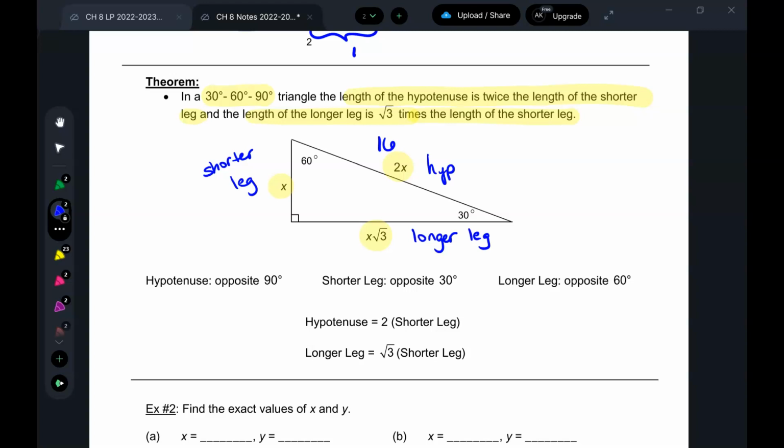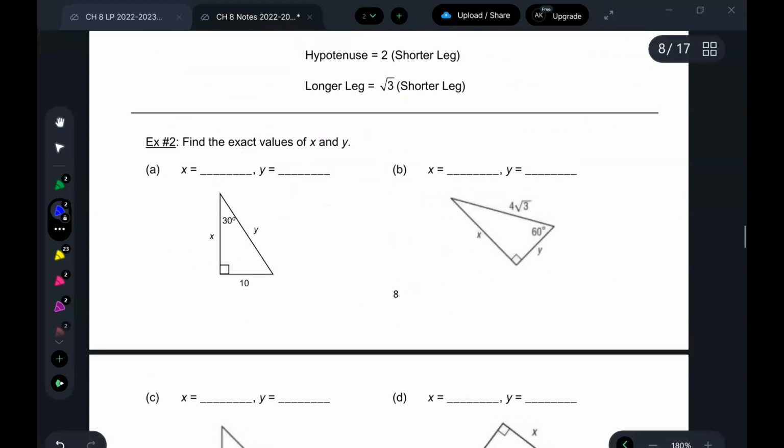I just gave you an example. So if you have one side, you can figure out the other 2 sides. Remember, with Pythagorean theorem, you have to have 2 sides in order to find the third. What makes these unique is you only need to know one side. Again, the hypotenuse is 2 times the shorter leg, and the longer leg is root 3 times the shorter leg.